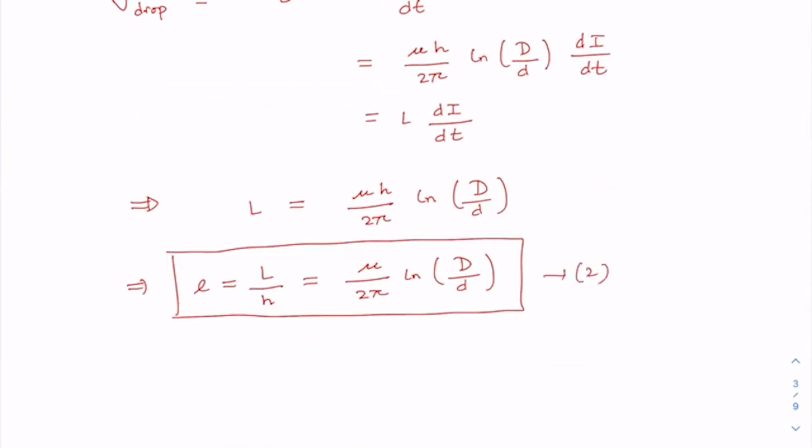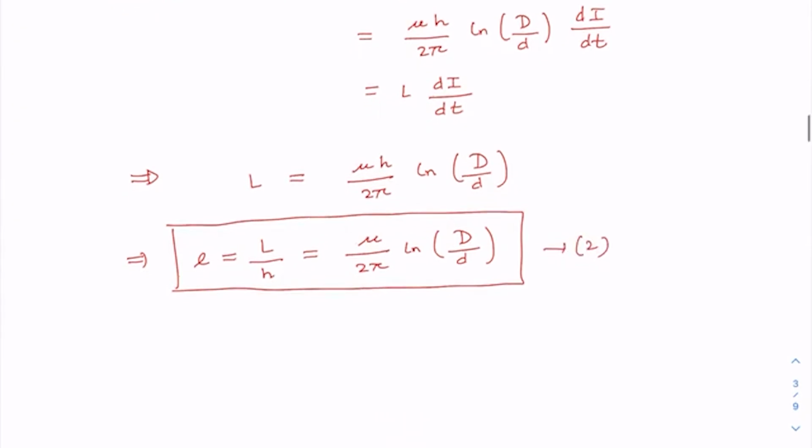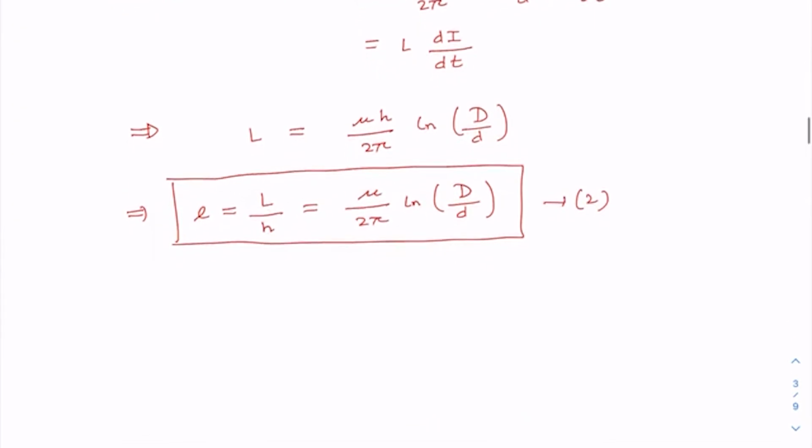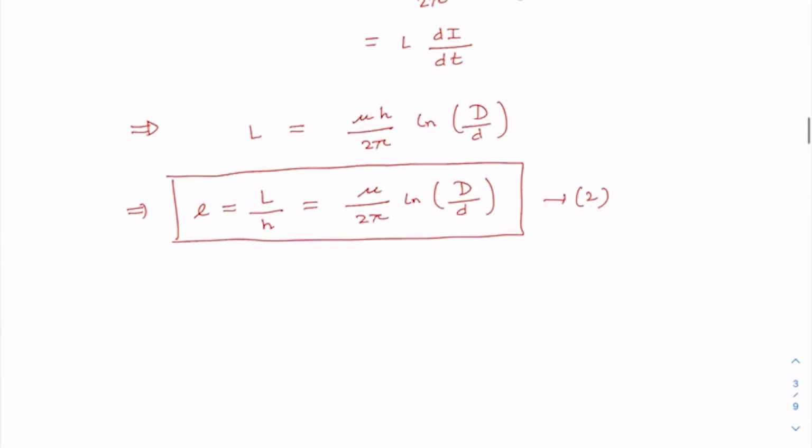Now finally we are asked to find the velocity of the electromagnetic wave. We already know from our transmission line discussion in class that the velocity is equal to 1 divided by square root of small l small c. If I put this in, please check it, you will get 1 by square root of mu into epsilon.